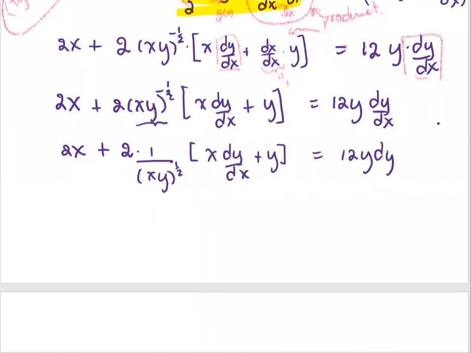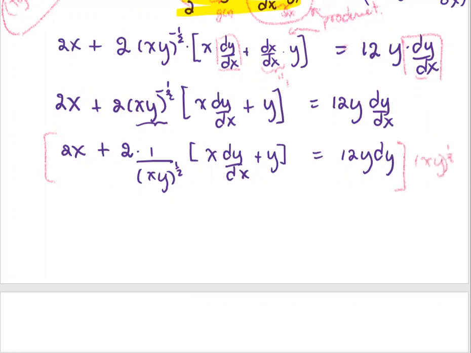Now, when I get to this point, I'm going to clean up the denominator, x times y to the power 1/2, by multiplying the whole thing by x times y to the power 1/2. Okay.